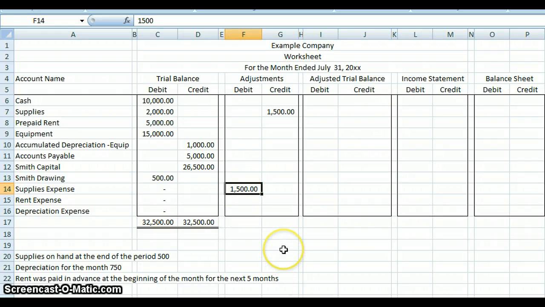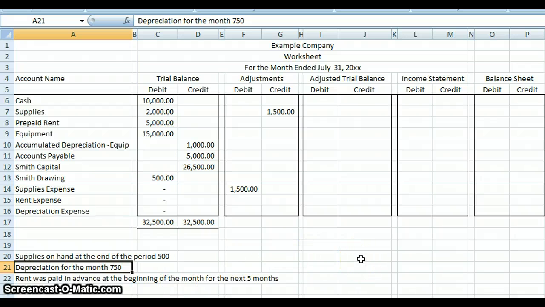All right, so the second one here says depreciation for the month, $750. Now, I'm not asking you to calculate depreciation. I'm just saying that depreciation for the month is $750. So no calculation there. So we have to remember our journal entry for depreciation. So we are going to debit depreciation expense.